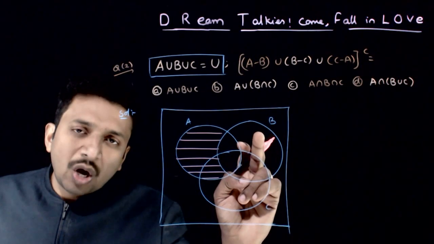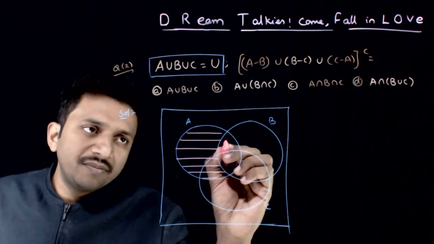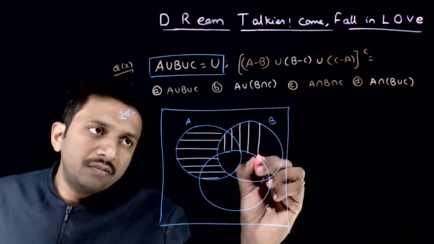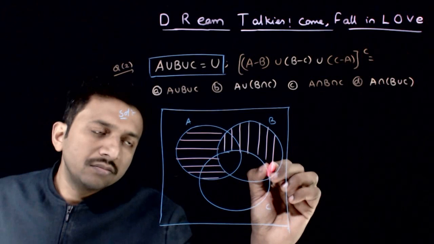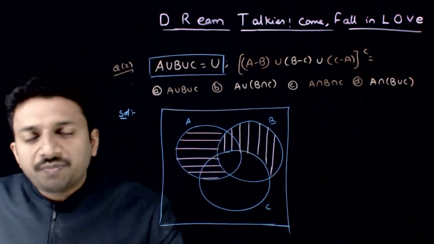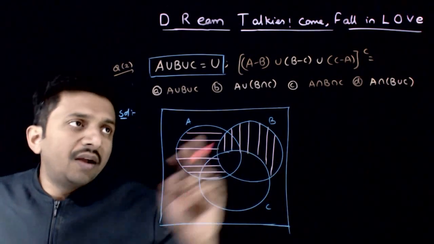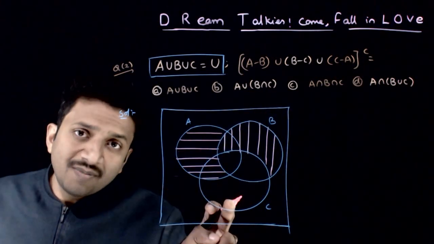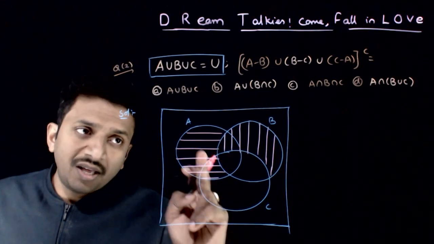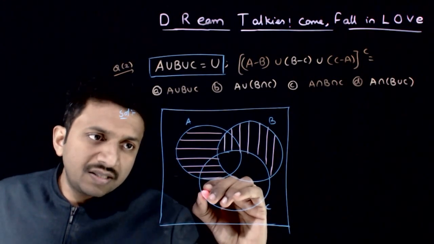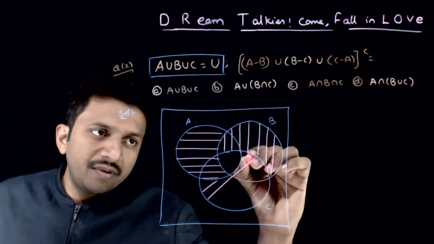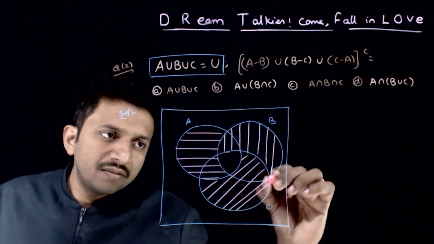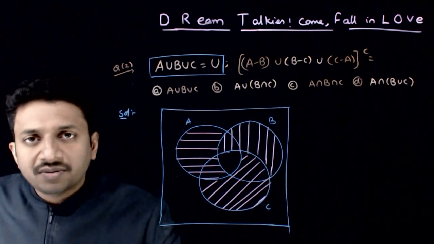B minus C is all elements present in B but not in C. So this is B minus C. And what is C minus A? The elements present in C but not in A. So C minus A will be something like this.